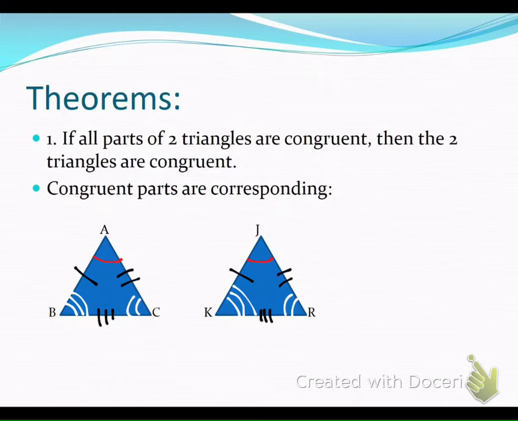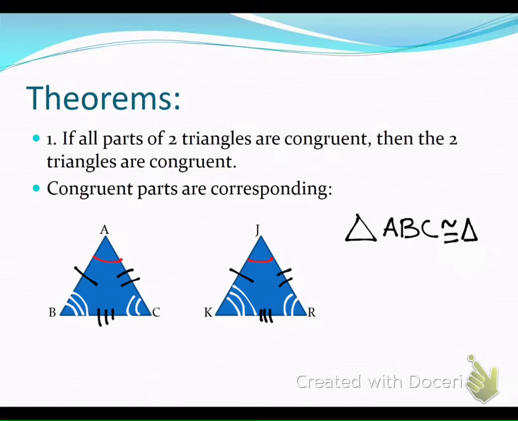Now, there is one thing that's super important about this, and it's the order that you tell me that they're congruent. So if you want to tell me that the two triangles are congruent, you can use the triangle symbol. And then the first one, let's just go in regular order, ABC. If you do triangle ABC, you have to do the next triangle in the same order.